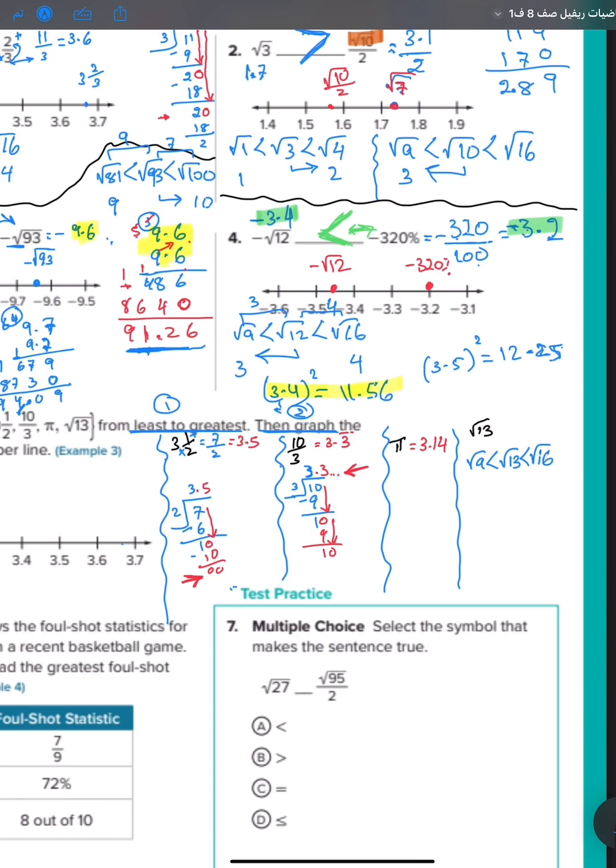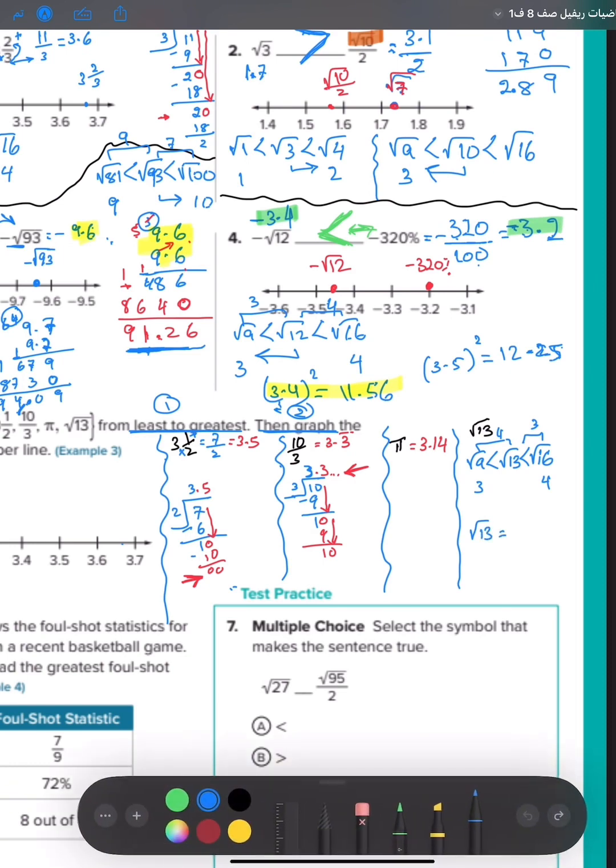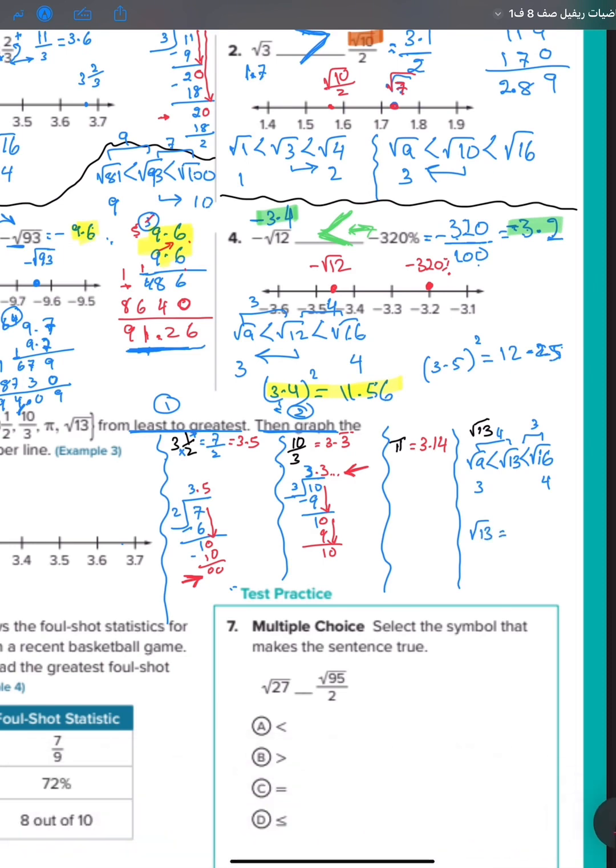From 9 to 13 it is 4, and from 13 to 16 it is 3. So the answer is closer to 4, and the square root of 13 will be 3.6. To be sure, square 3.6 to see if it is close to 13.